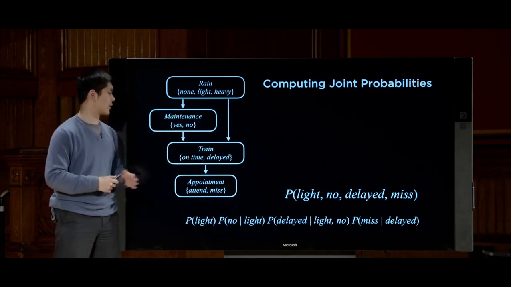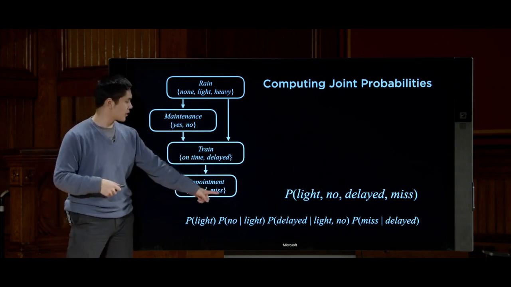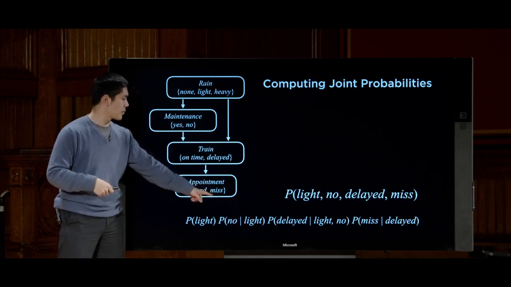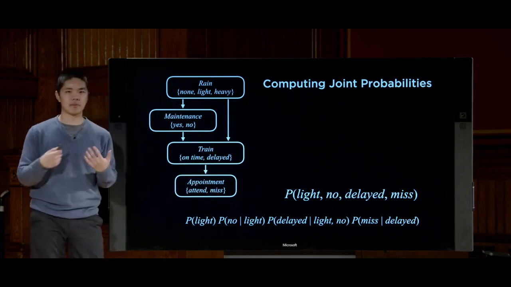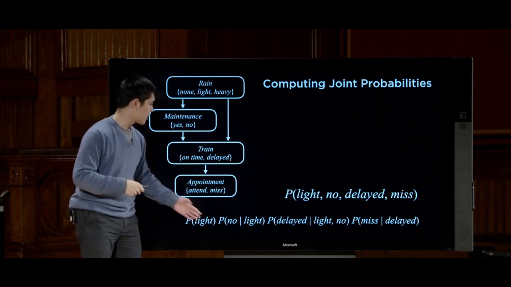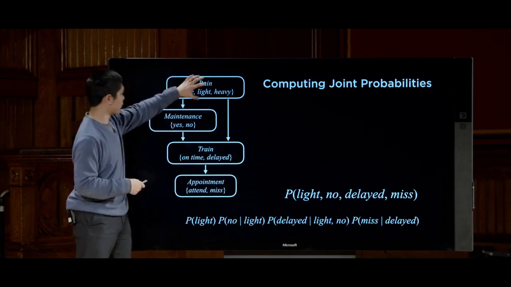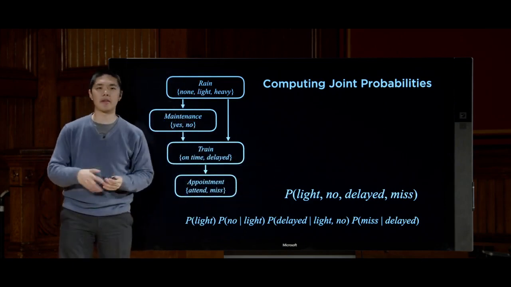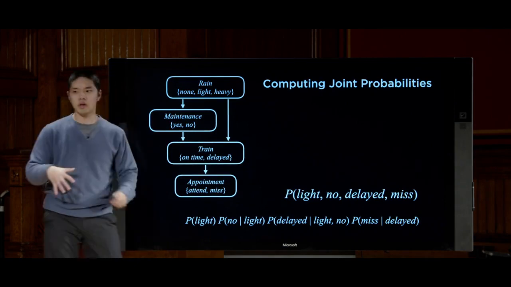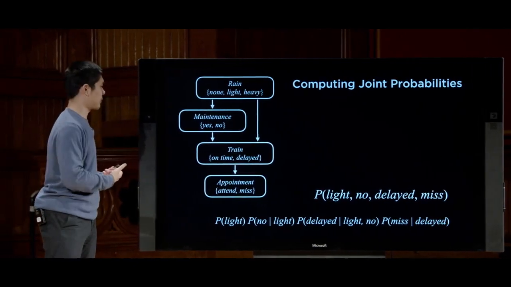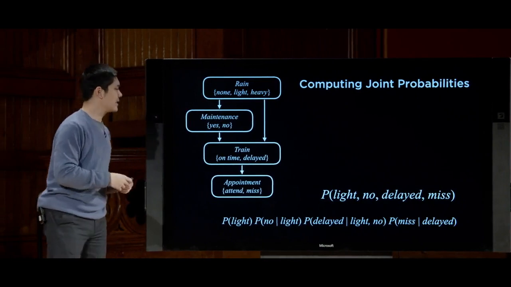I only need to care about the conditional probability that I miss my appointment, given that the train happens to be delayed. And so that's represented here by four probabilities, each of which is located inside of one of these probability distributions for each of the nodes, all multiplied together. And so I can take a variable like that and figure out what the joint probability is by multiplying a whole bunch of these individual probabilities from the Bayesian network.